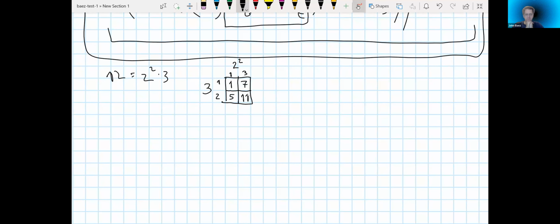Okay. So that means that the Galois correspondence that we're dealing with here, I'm looking at subfields of the 12th cyclotomic field. So we have the small subgroup at the top. Then we have 3 intermediate subfields.